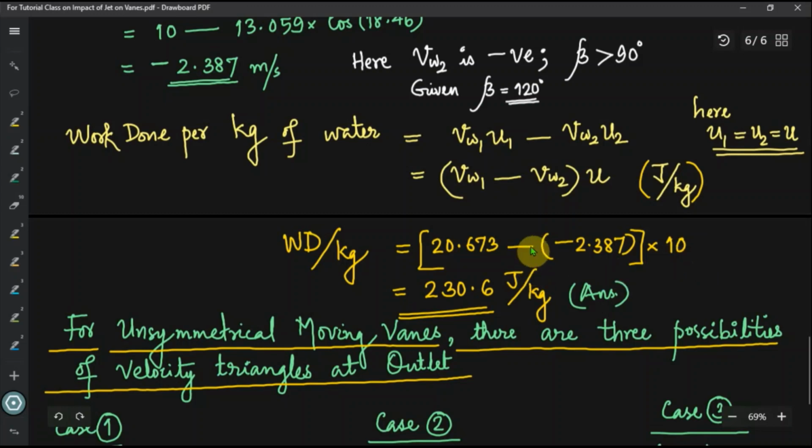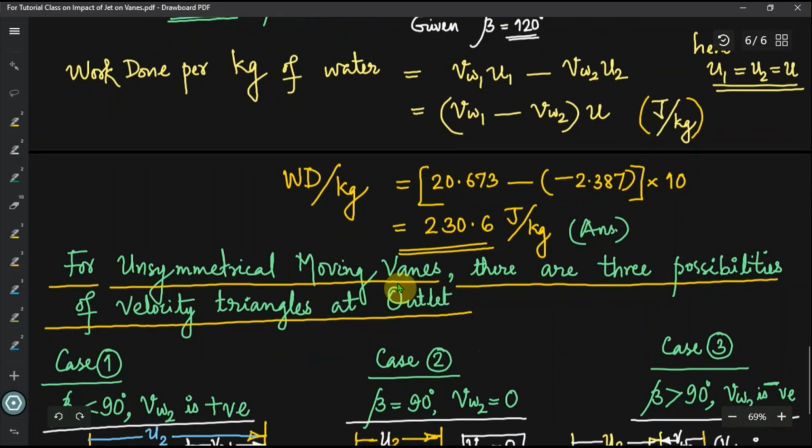So minus of minus will become plus, and you will get 230.6 joule per kg. So it's a way of increasing the work output from impact of jet on vanes. If you can make VW2 negative, then that will be added up. So if VW2 is negative, that will increase the work done.